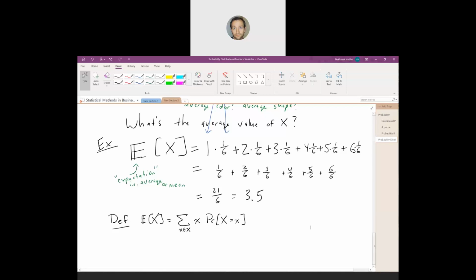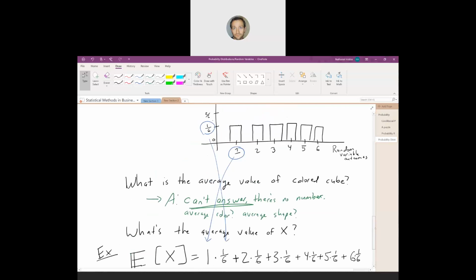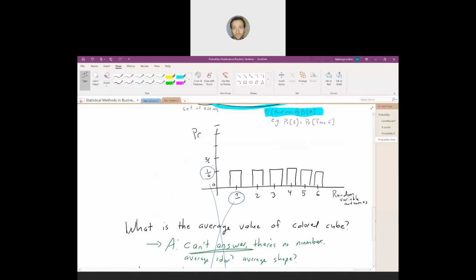One way you can think about this as a probability distribution is if each of these were weights, like I have blocks that I'm putting on this line, the line of real numbers, then where could I hold it to make it not fall over?